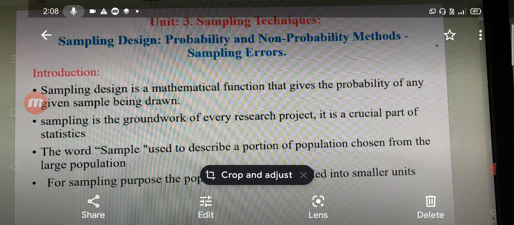It is the most crucial part of research from a statistical point of view. Without a sample, we cannot carry forward the research, or if we do, it will not have a proper design.